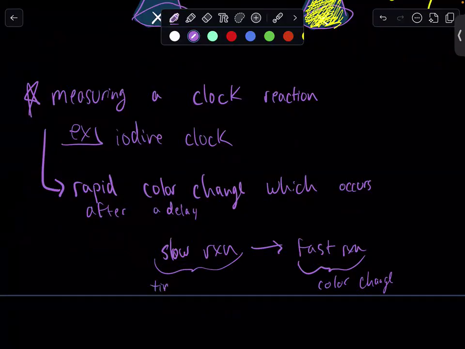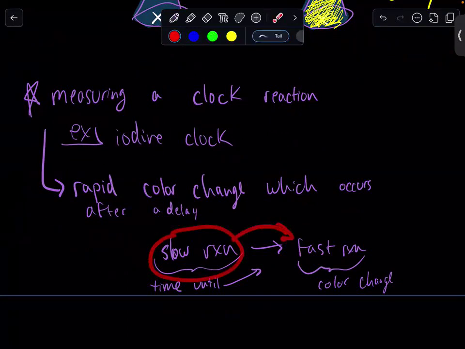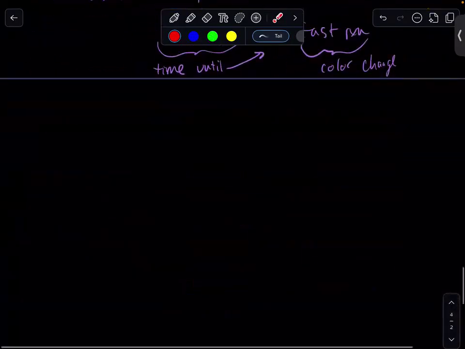So we time until the fast reaction, and that gives us a rate on that slow reaction. We can change factors like concentration or temperature, and we can see how much that slow reaction changes its rate based on the time it takes to get to that fast reaction. So these are the many different ways we can measure the rate of a reaction.